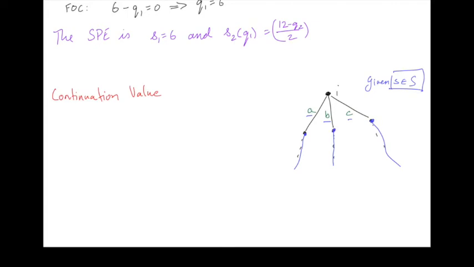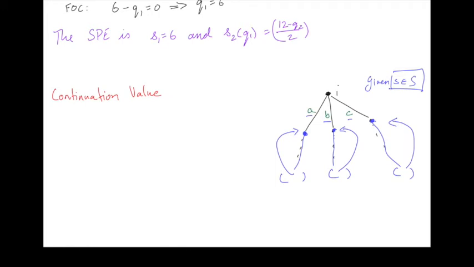Similarly, from here we'd get to some terminal node, and from here we'd get to some terminal node. We can look at the payoff associated with each of those terminal nodes that are reachable from these nodes, and the payoff that player I would get at those terminal nodes is the continuation value.